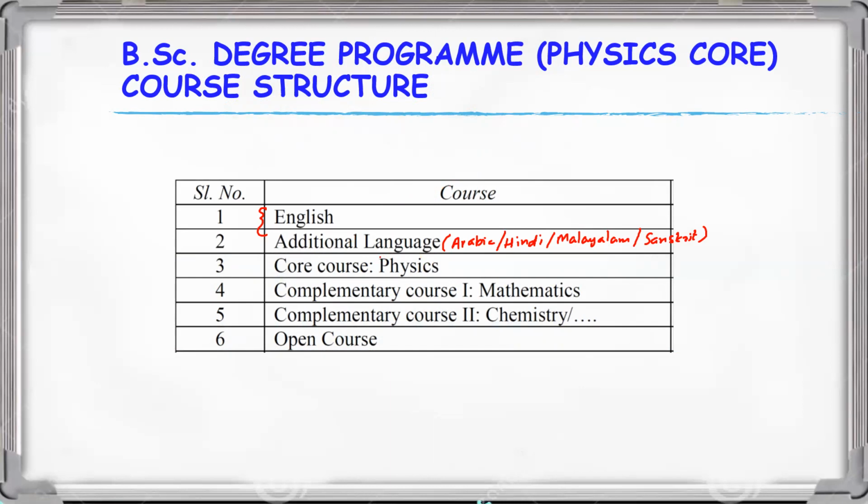And you have to come across two complementary courses that are mathematics and chemistry. Here, mathematics is the compulsory complementary course.